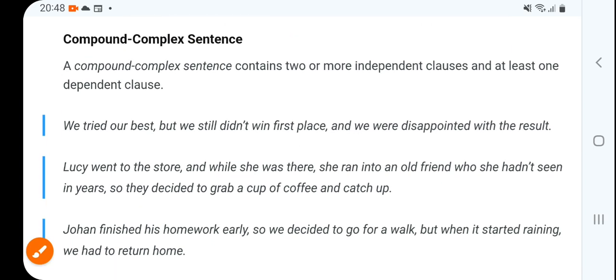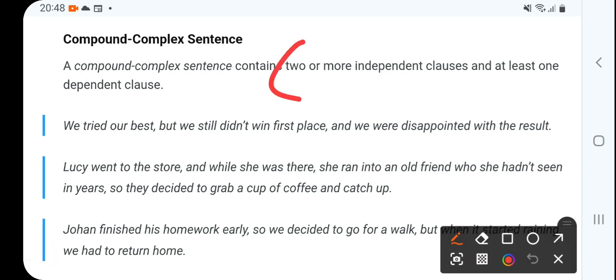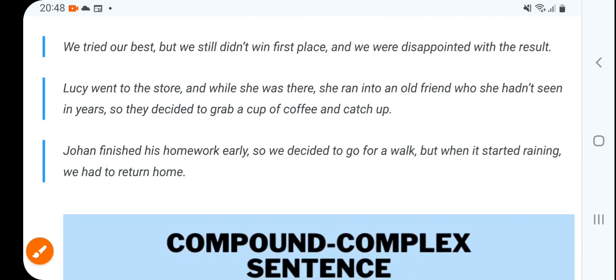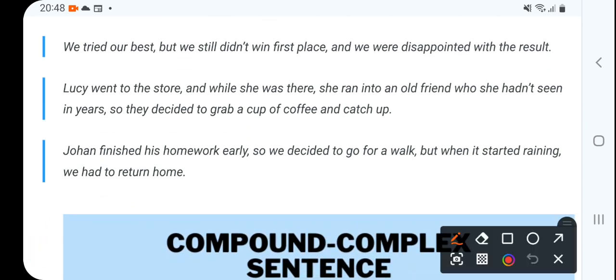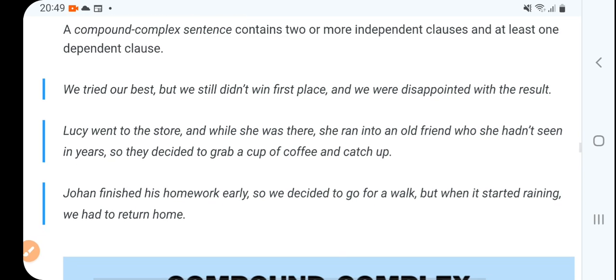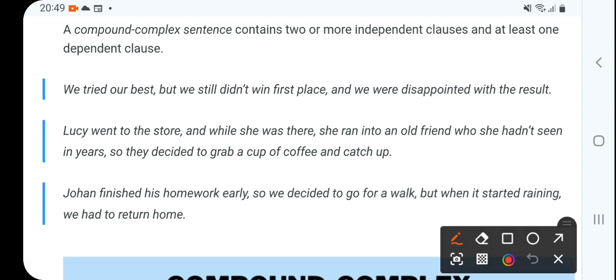A compound-complex sentence contains two or more independent clauses and at least one dependent clause. What is the condition? The condition is two or more independent clauses.